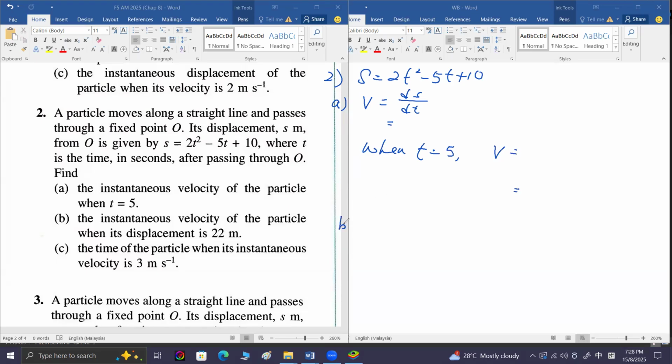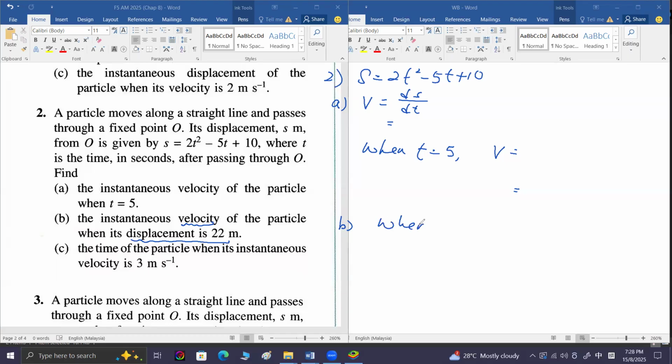Next, what about B? They asked to find the velocity when the displacement is 22. Actually, class, what you need is, given the displacement, to find t. After you get t, substitute to the velocity.